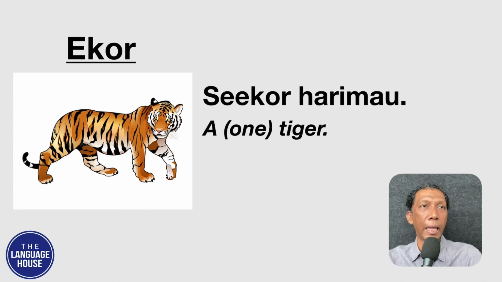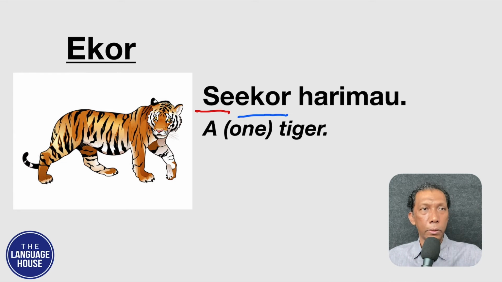Remember, you do a stop here in between, se-ekor. So it's se, and ekor. Seekor harimau. One tiger. So we've done orang, we've done ekor for animals.